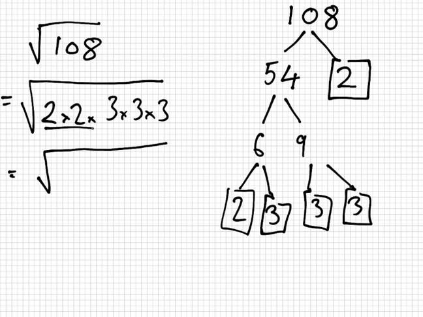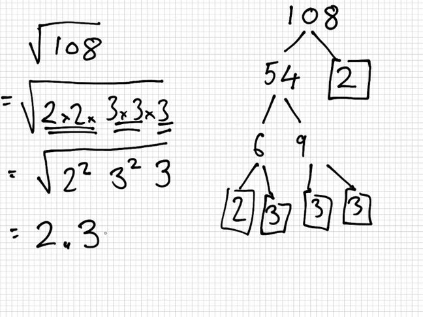You have 2 here, so that's 2 squared. And you have 2 of them here as well, so that's 3 squared. You only have 1 of them here, so that's 3. Square root and square cancel. So you're left with 2, 3, root 3. So the answer is 6 root 3. That's the simplest we can make this.